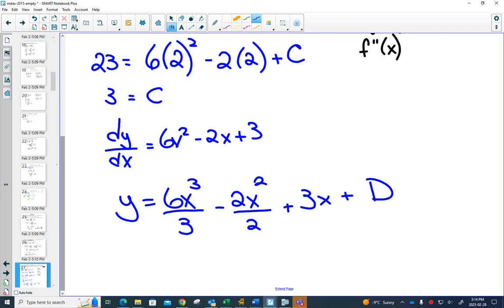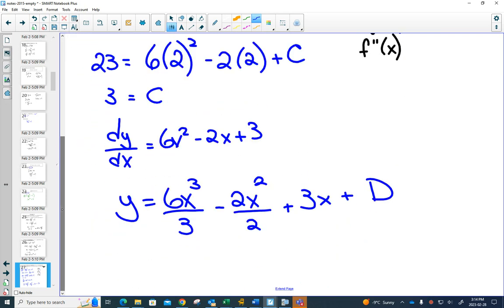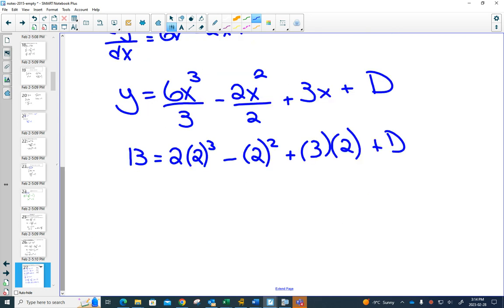What do we know? We know we have a point. We know that when x is 2, y is 13. I can plug in 13 equals 16 minus 4 plus 6 plus d.